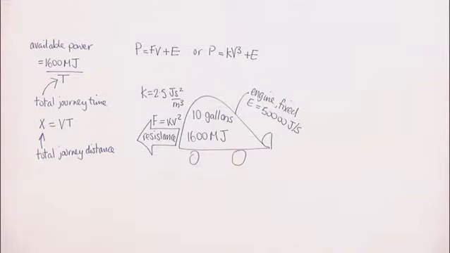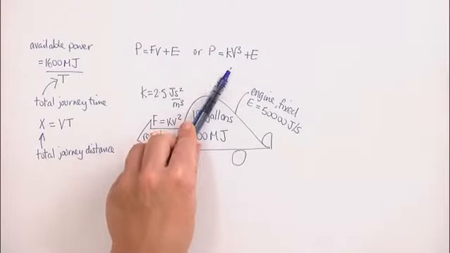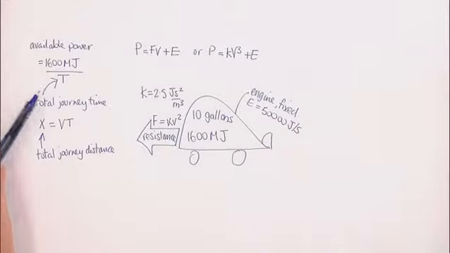So we want to work out the maximum distance we can travel and the speed we should go at to get that maximum distance. So what we do is we combine this equation with this equation and this equation, and it will give us x in terms of v.